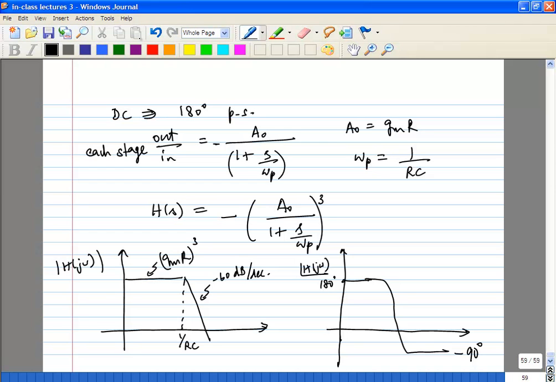The final phase. So the total phase added is from each one of the blocks. You of course have 3 poles at 1 over RC. What is the excess phase added at omega equals 1 over RC? It's 3 into 45 degrees, right? You know that.